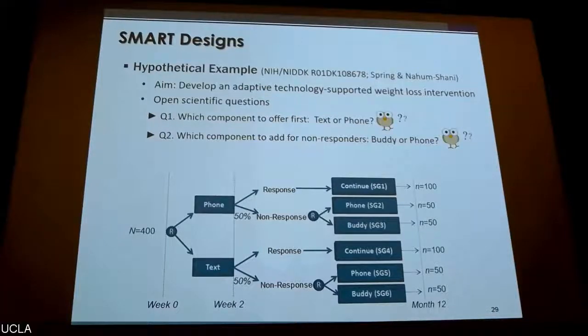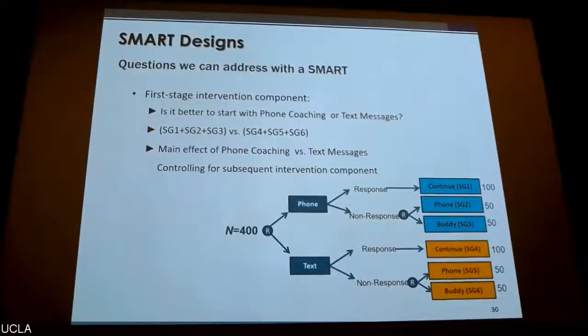So how do I use the data to answer my scientific questions? Again, let's assume that I conducted the study, collected the data, and the outcome is weight loss at the end of the program. How do I use the data to answer the scientific questions? Again, by estimating main effects. Can you believe it? It's very interesting because certain types of SMART studies like this one are actually a form of factorial design.